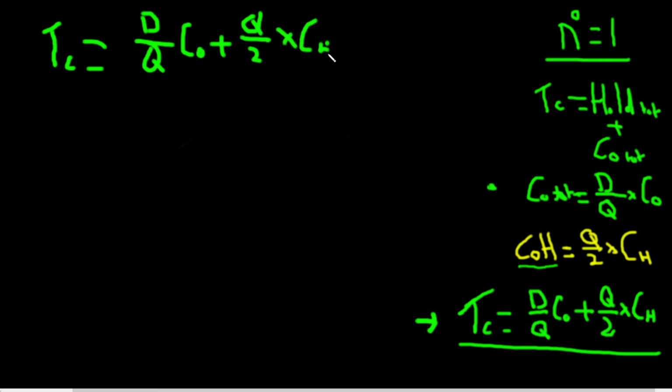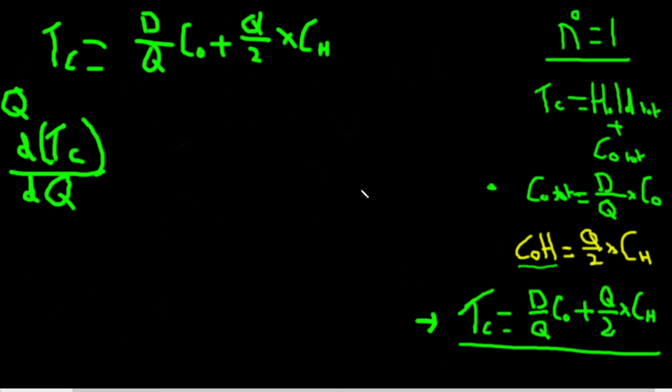Our variable in this case is Q. So if we differentiate with respect to Q, do you remember when it was y equals something x plus whatever, and we said dy by dx? In this case, it's d total cost by dQ. Remember x squared, x, whatever. Now it's in terms of Q.